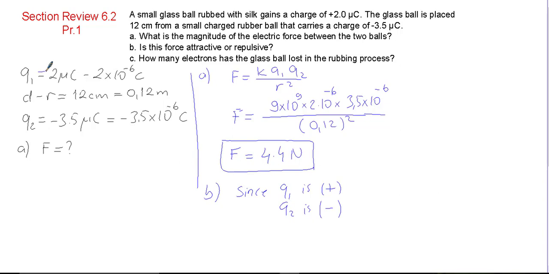Q1 is equal to 2 microcoulomb, and it is equal to 2 times 10 to the minus 6. The distance R is equal to 12, and Q2 is minus 3.5. The interaction of plus and minus charges is attraction, so the force is attractive. Force is attractive.